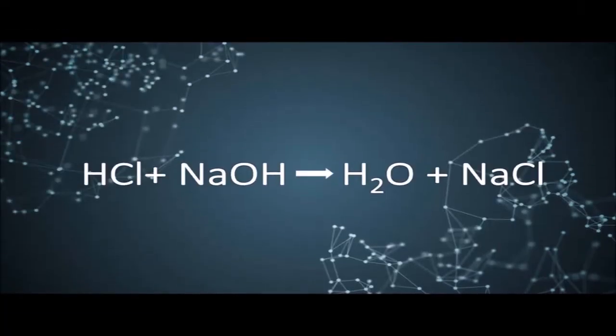And this is hydrochloric acid reacting with sodium hydroxide to form water and sodium chloride. This is the chemical reaction that we are going to use in the lab today. This kind of titration is titration of strong acid with strong base.